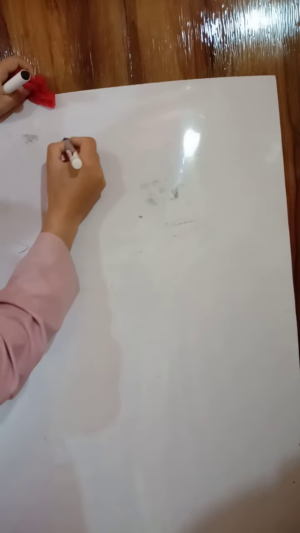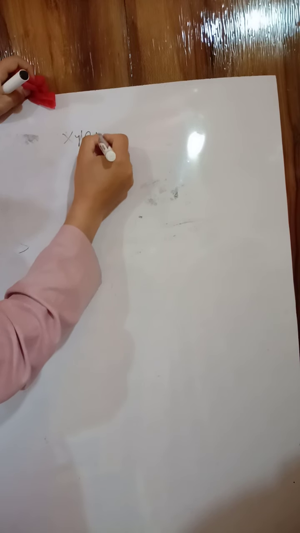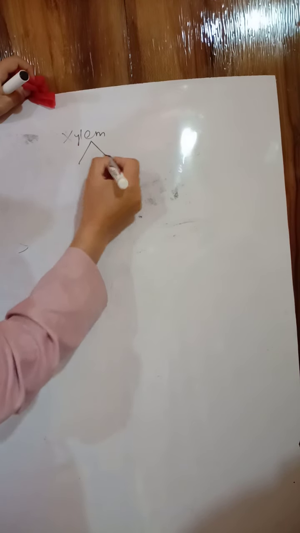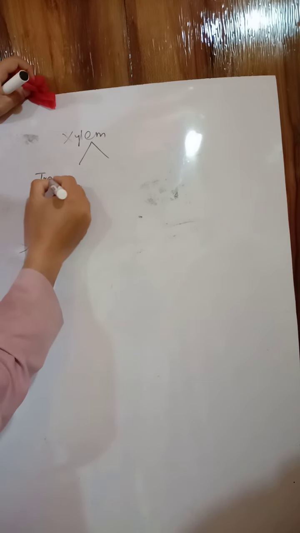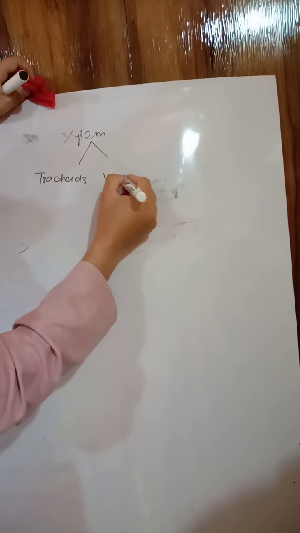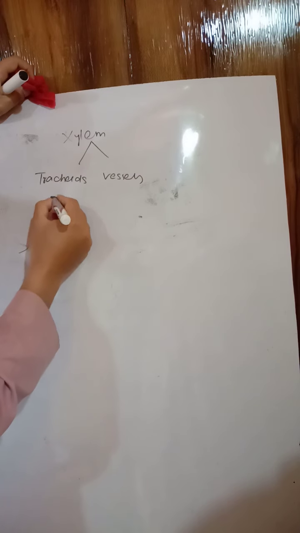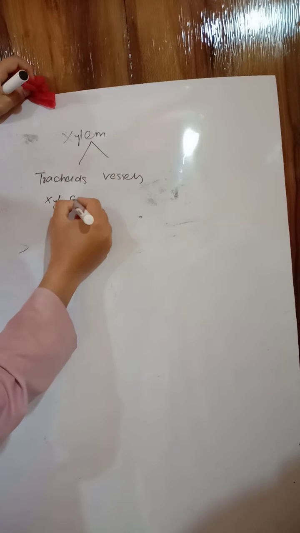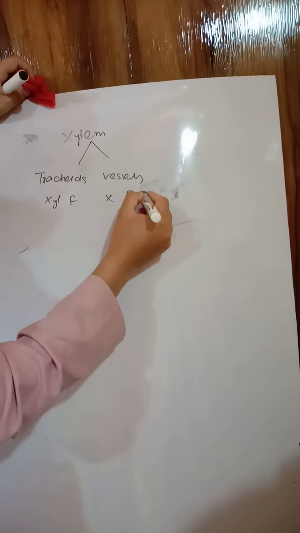Now, xylem is made up of four components or constituents, namely tracheids, vessels, xylem fibers, and xylem parenchyma.